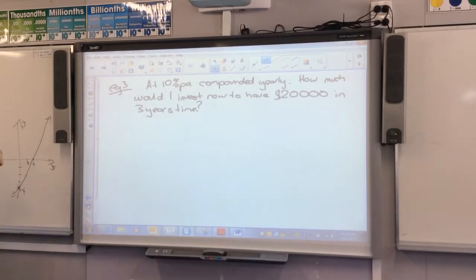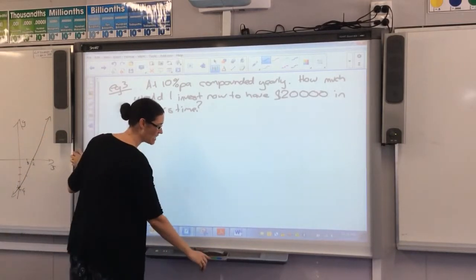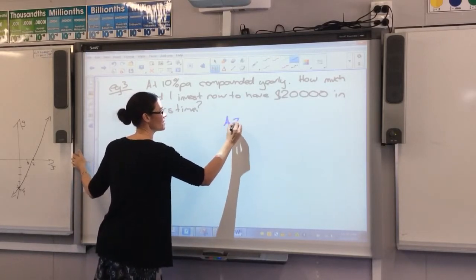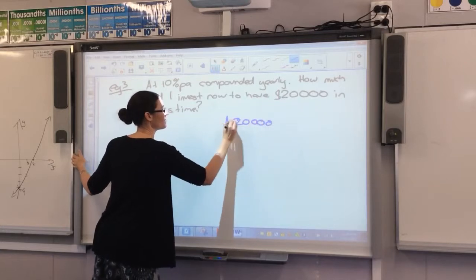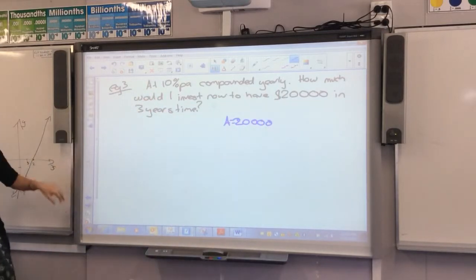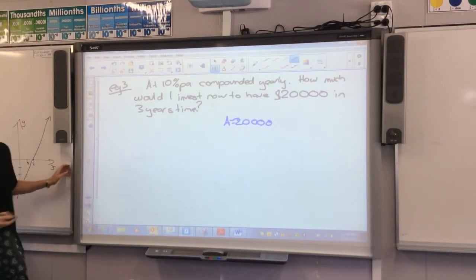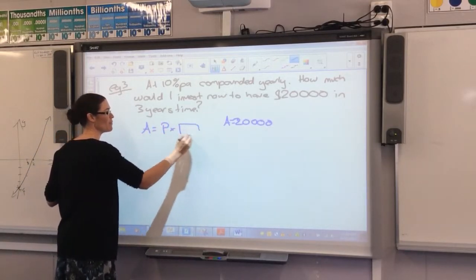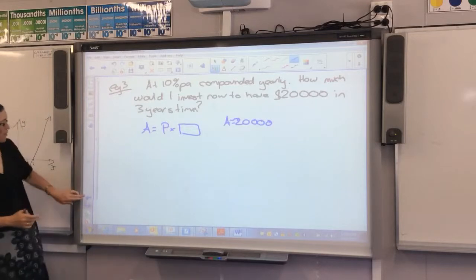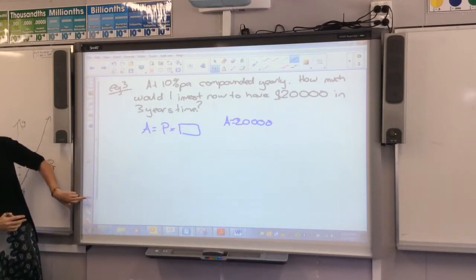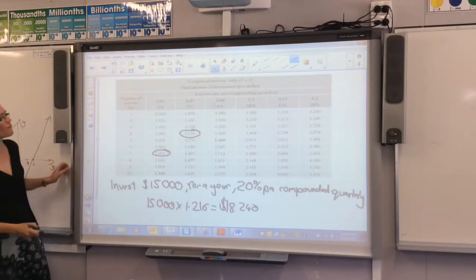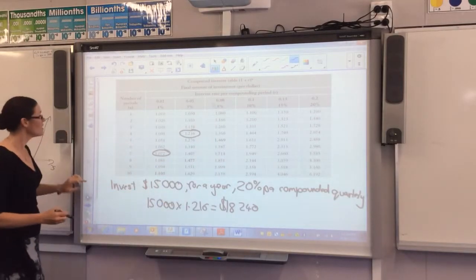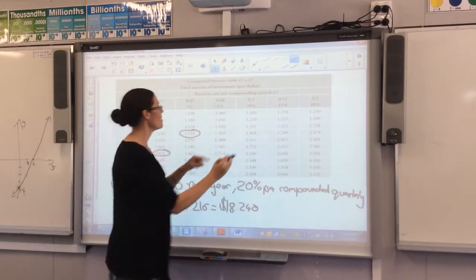I don't know what P is, but I do know that my A, the final amount, is 20,000. Looking back at my table, I know that I still have A equals P times this number from the bracket, from the table. From my table, 10% for 3 years, it was compounded yearly, so I didn't have to do anything fancy.